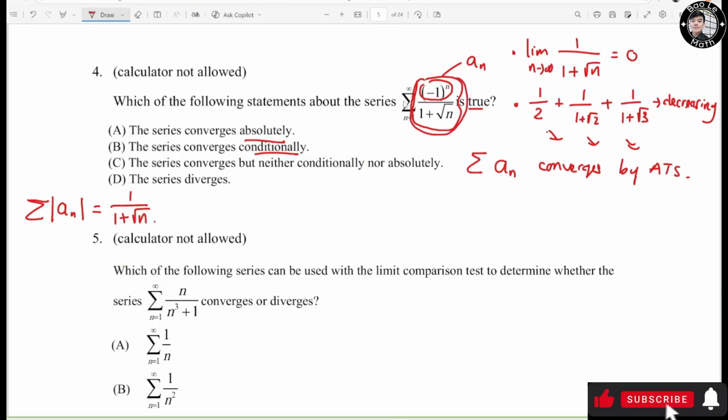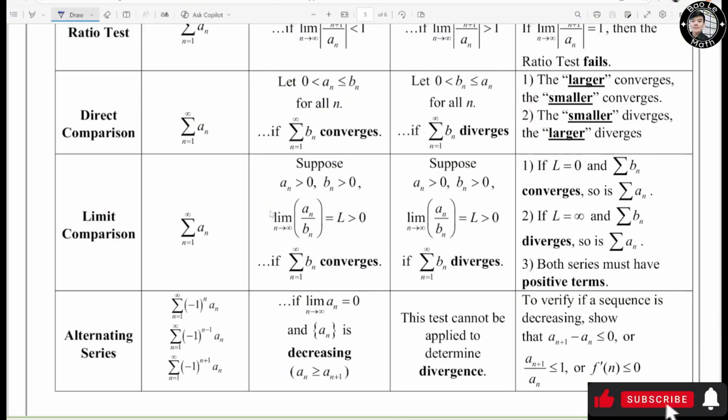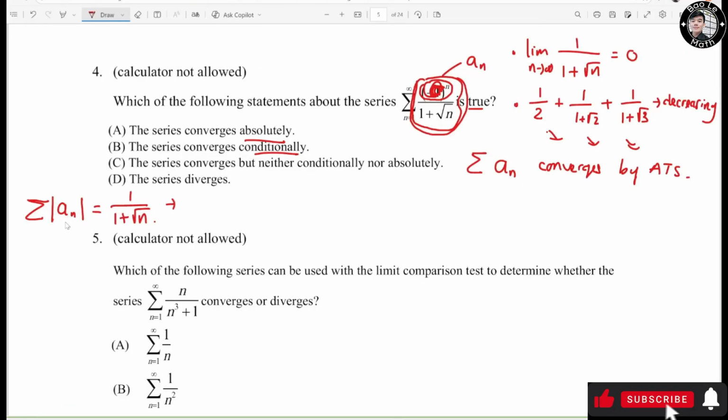So when you take the absolute value, this part is gone, right? So you only have this. Now I'm going to use the limit comparison test. I need to find the limit of a sub n over b sub n when n approaches infinity. Now I'm going to compare this with 1 over square root of n, right?